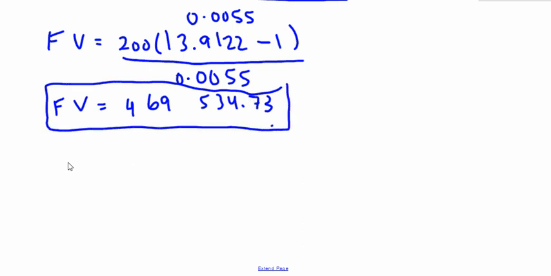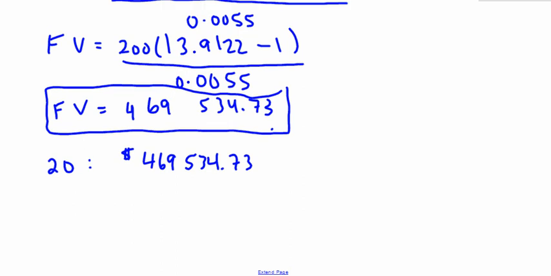So this person, the 20-year-old who deposits for 40 years, would have $469,534.73 in that account. Oh, that would be nice.